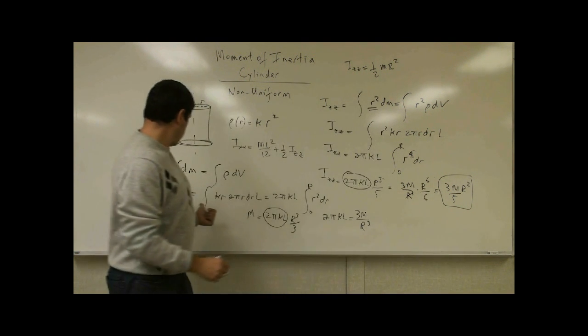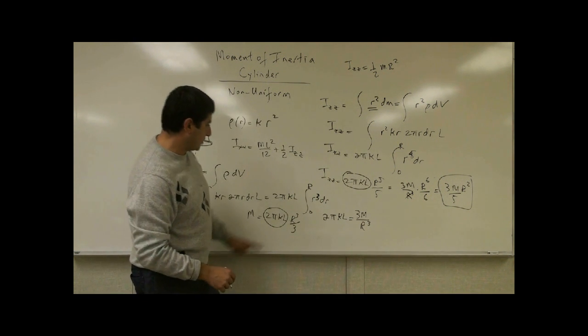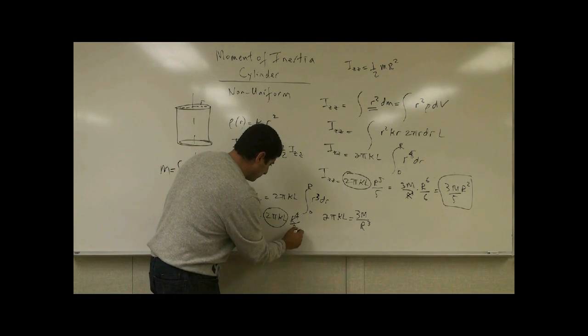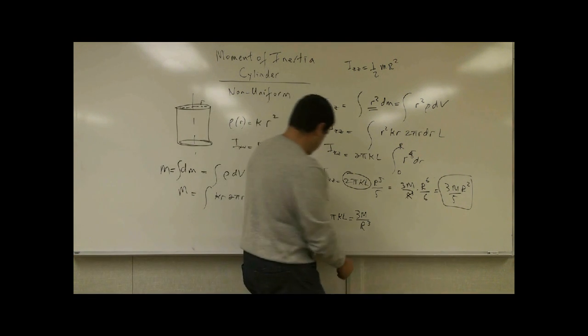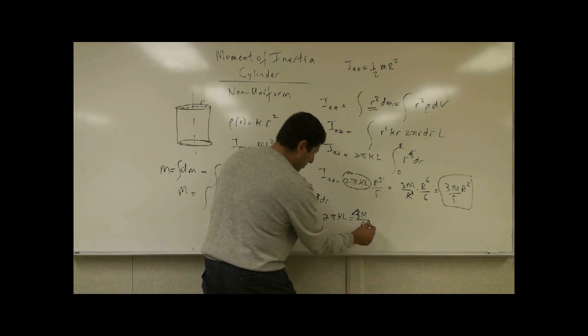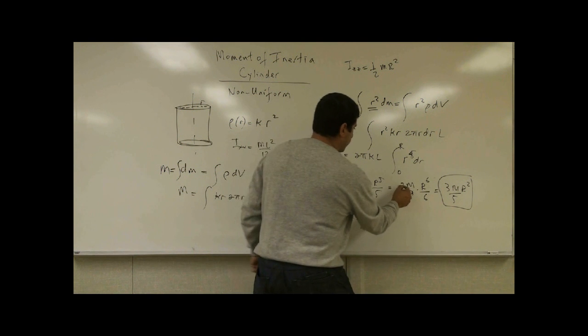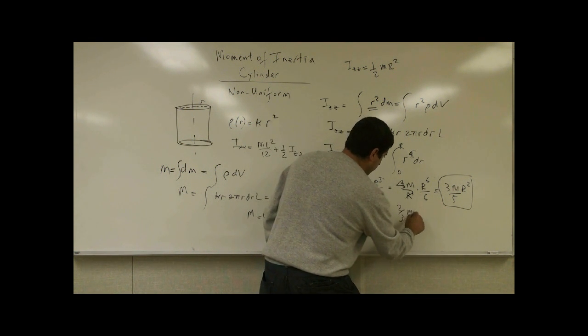And then you would do this integral, you would have gotten R cubed, and then you would have gotten R to the 4th over 4. And then when you substitute that, it would have been here 4m R to the 4th, and then that goes over there, 4m R to the 4th, so you have 4 over 6, which is 2/3 mr squared.